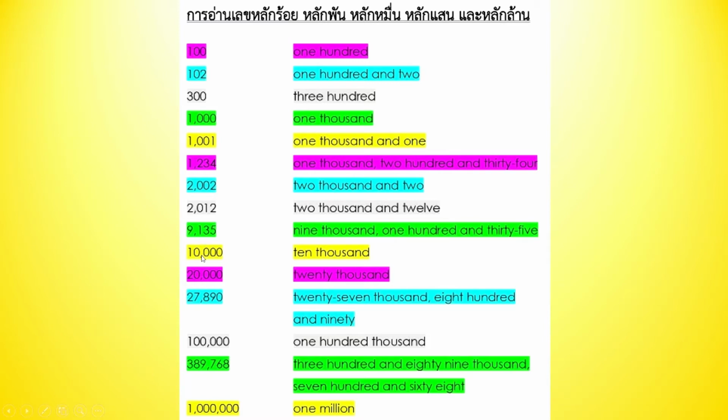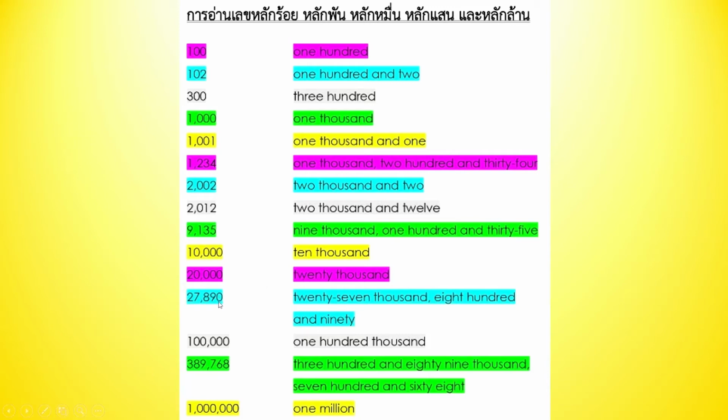Next, this number, 10,000. In Thai we call หลักหมื่น, right? In English we call 10,000. Or this number we call 20,000.